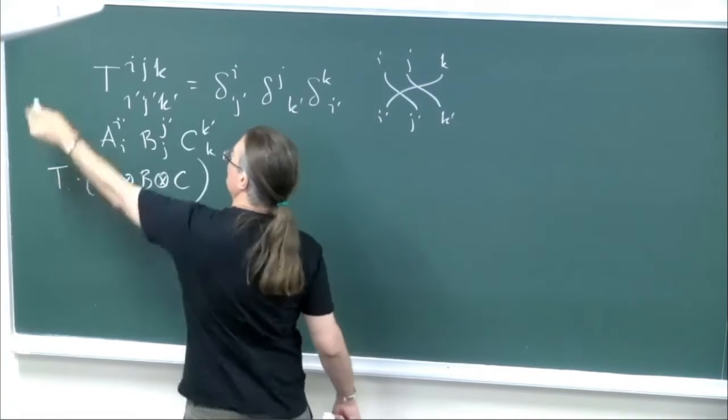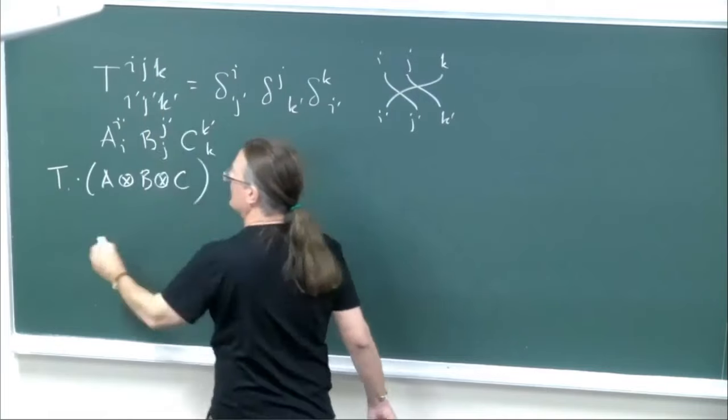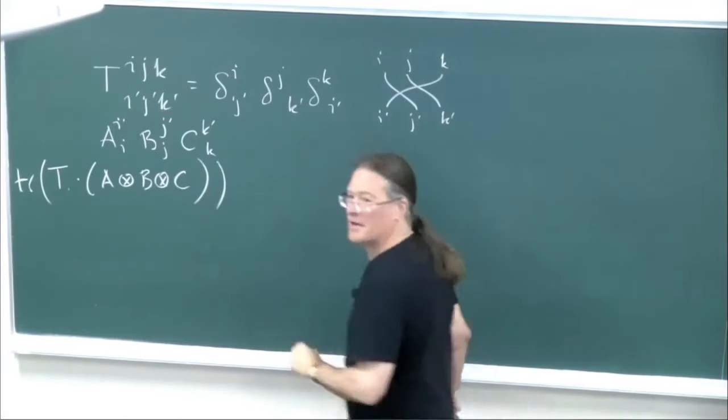But then I also want this to be equal to that, and this to be equal to that, and this to be equal to that. So really I'm taking the trace of this.